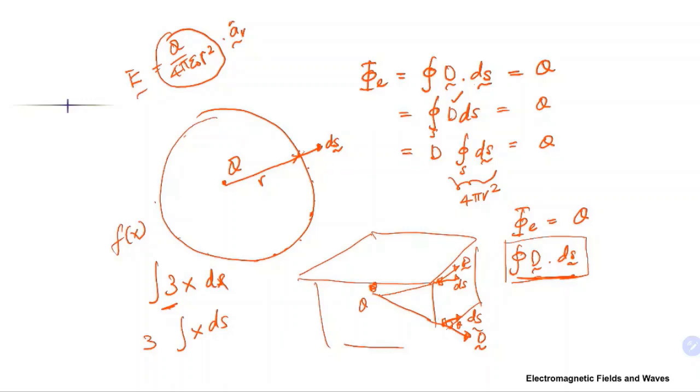And you don't choose a cube because that integration is very difficult to solve. Although both electric fluxes are equal to Q, this is what we established just now in the example, but solving this integral is different between a sphere and a cube.